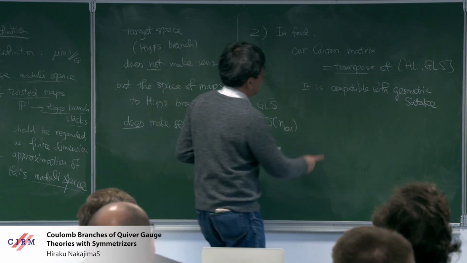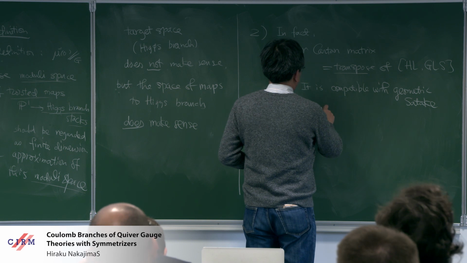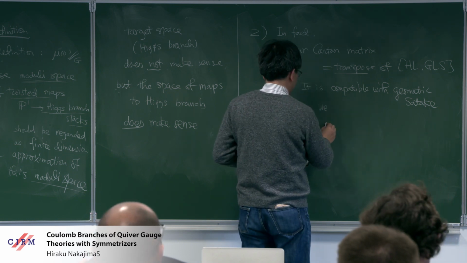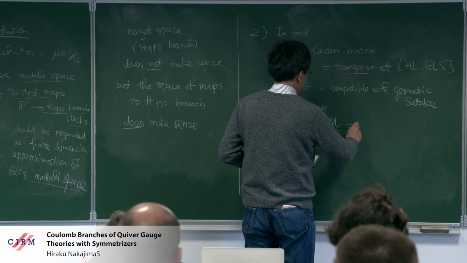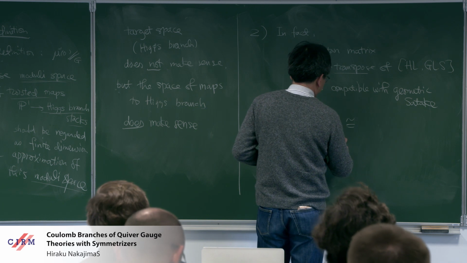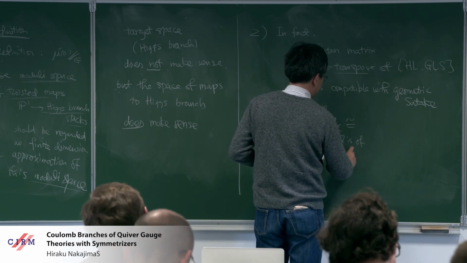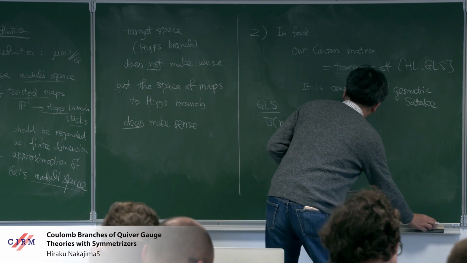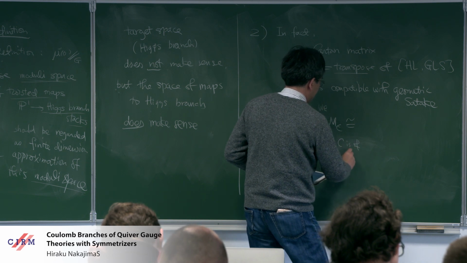And we construct, so I will mention that the slice is a Coulomb branch for Q of finite type, or maybe Cartan matrix C of finite type.